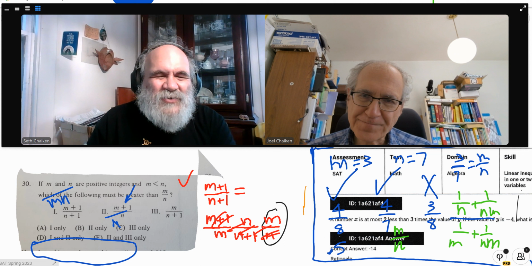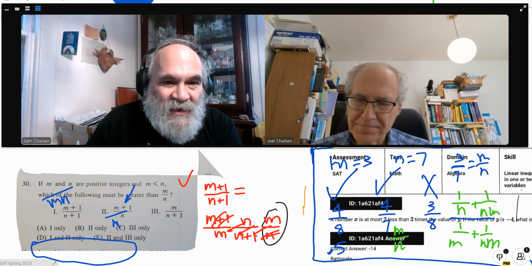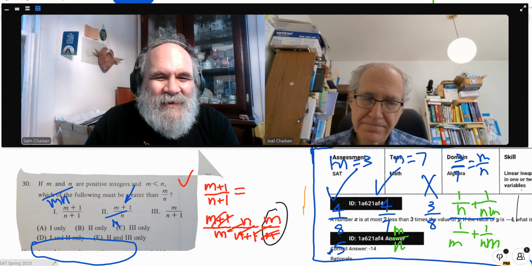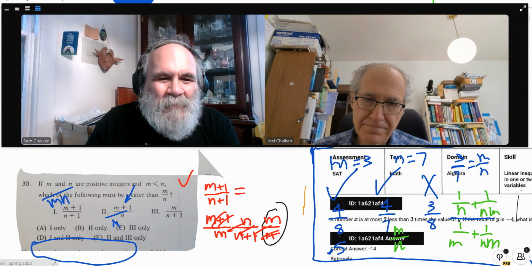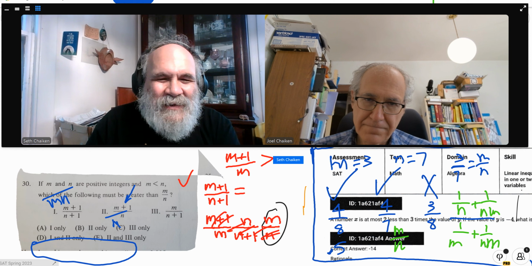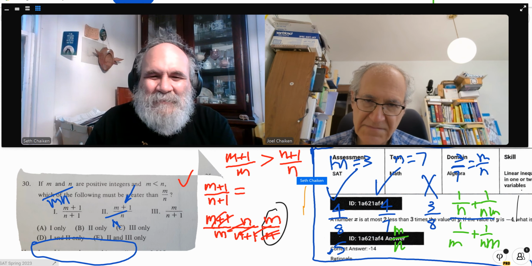Well, but if I translate my idea, I would say that how much m plus 1 changes, the change of m plus 1 over m is greater than n plus 1 over n. Right? Right.